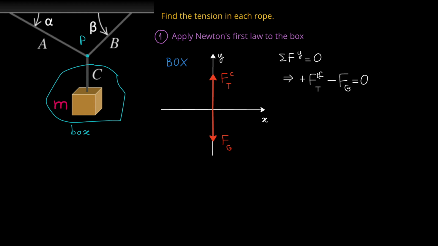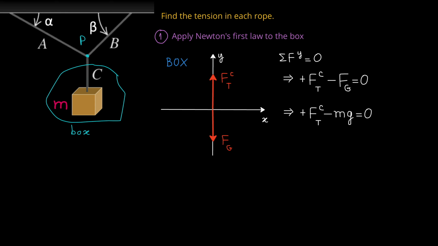So when I say Ft, that's the magnitude of the tension force. I account for the directions explicitly with these positive and negative signs. So Ft and Fg are inherently positive because they refer to the magnitudes. Here I have substituted m times g for F sub g.